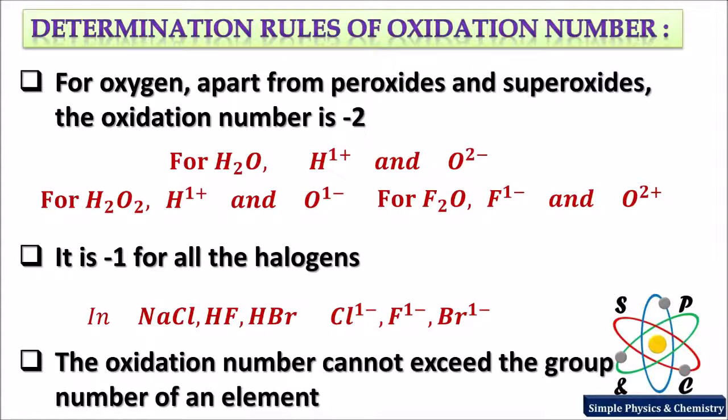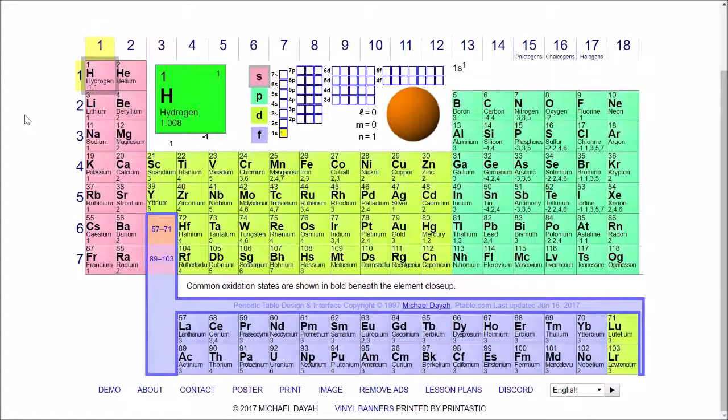And one special relation, if you want to remember: the oxidation number cannot exceed the group number of an element. What does that mean? I'll show in the periodic table. So now we are in the periodic table. Hydrogen has -1 and +1. I have covered the whole periodic table, so everything is very small here.